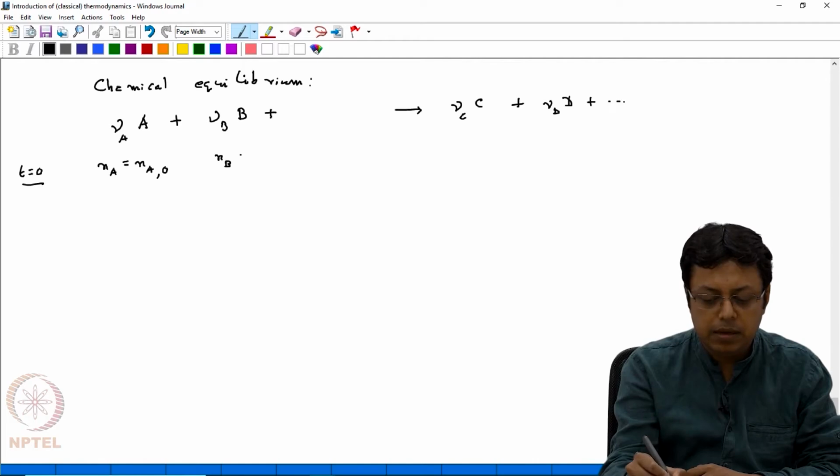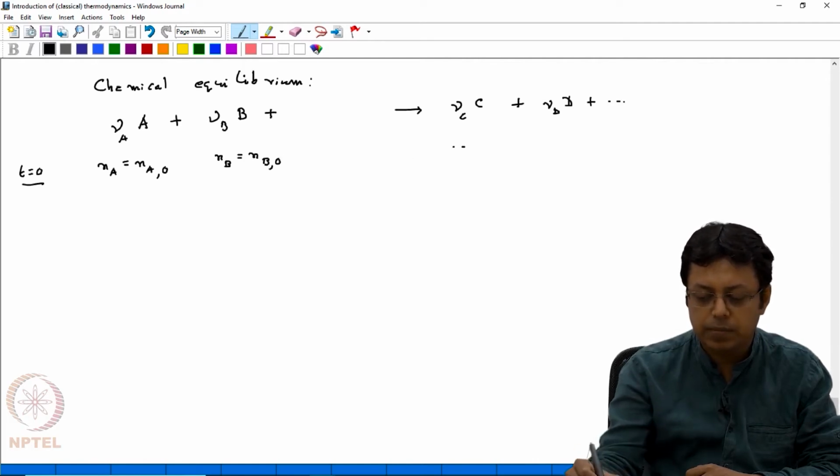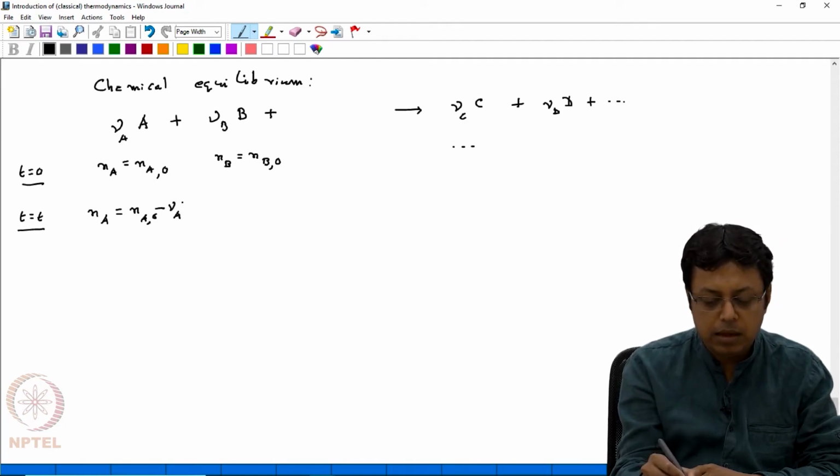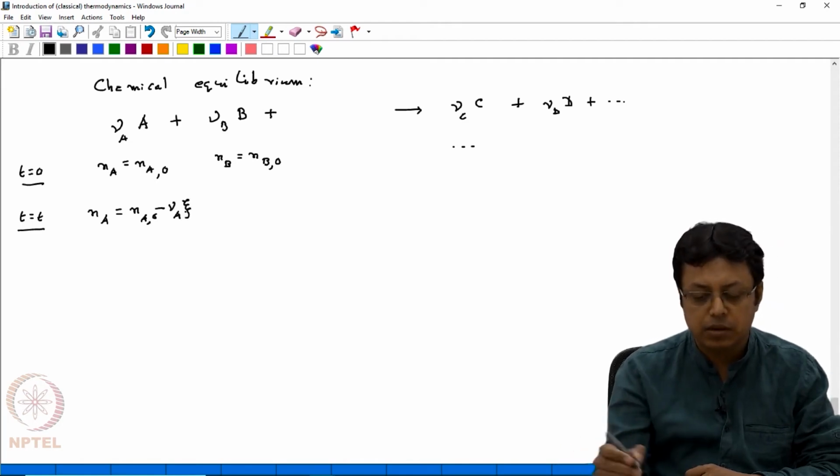Similarly, Nb corresponds to Nb0 at time 0, and so on. And in this way, if you ask that at any arbitrary time, let's say when time is t, what is the amount of Na? So this will be the initial amount Na0 minus nu A into xi, where xi is the advancement of the reaction.